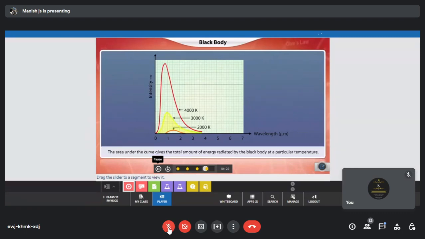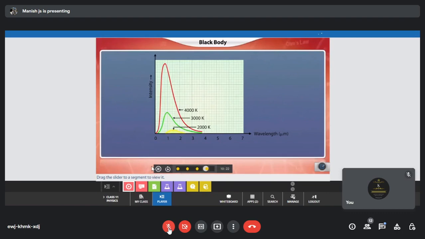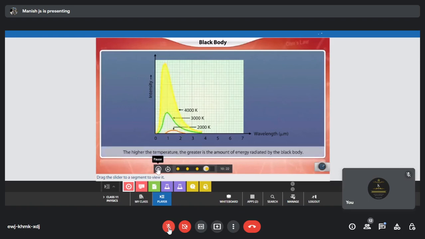The area under the curve gives the total amount of energy radiated by the black body at a particular temperature. From the graph, it is evident that the higher the temperature of the black body, the greater is the amount of energy radiated by the black body.